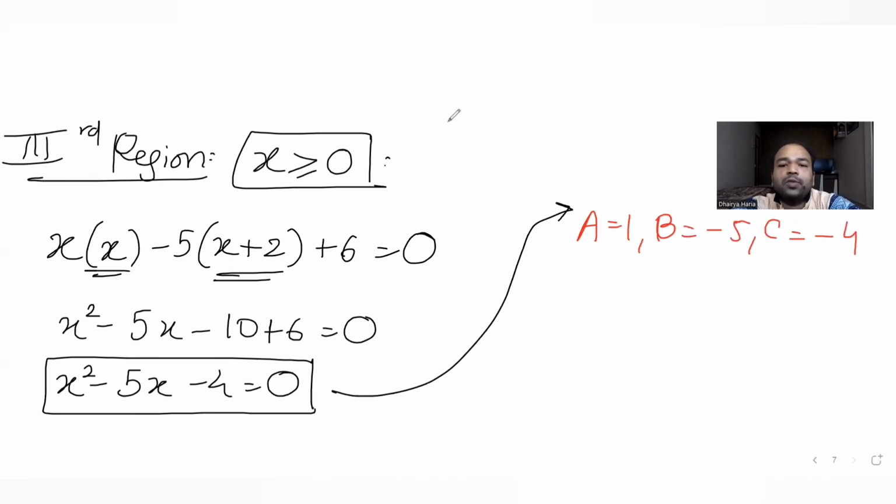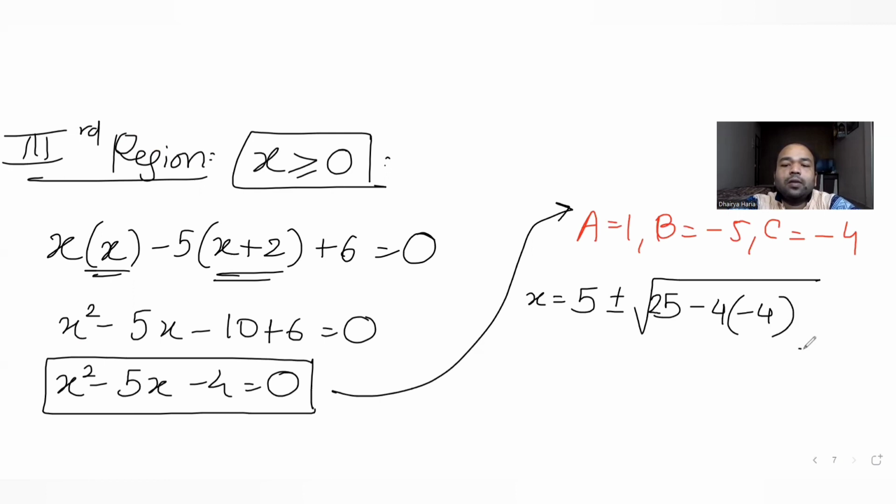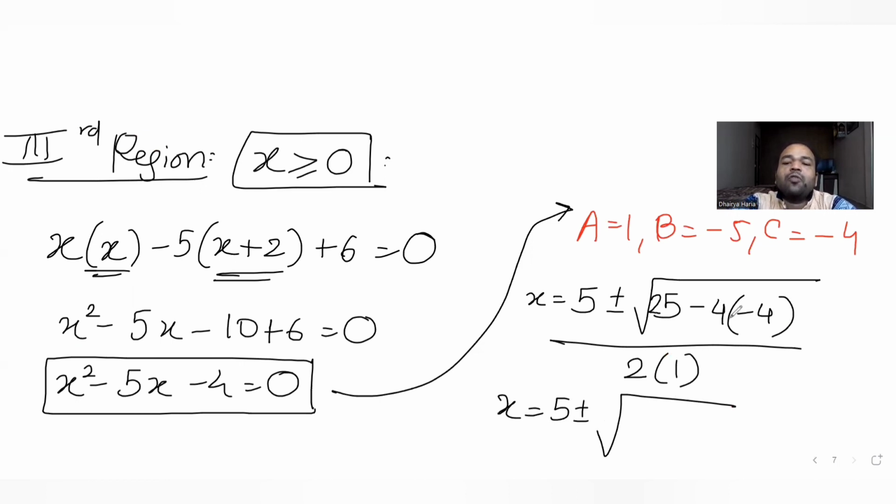So x becomes minus b, so minus of minus 5, plus minus square root of b square, 25 minus 4ac, upon 2. We get x equal to 5 plus minus root of 25 plus 16, which is 41, upon 2. We know 36 and 49, it lies between them.